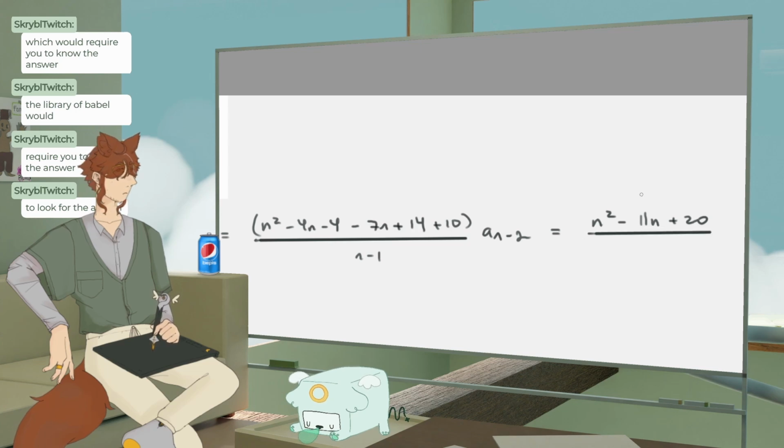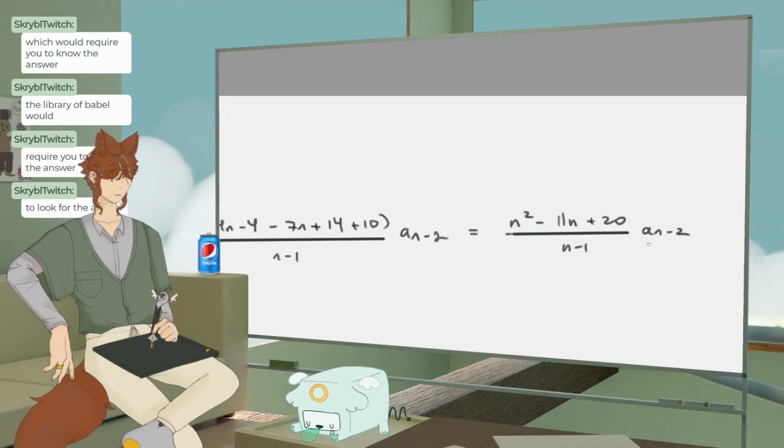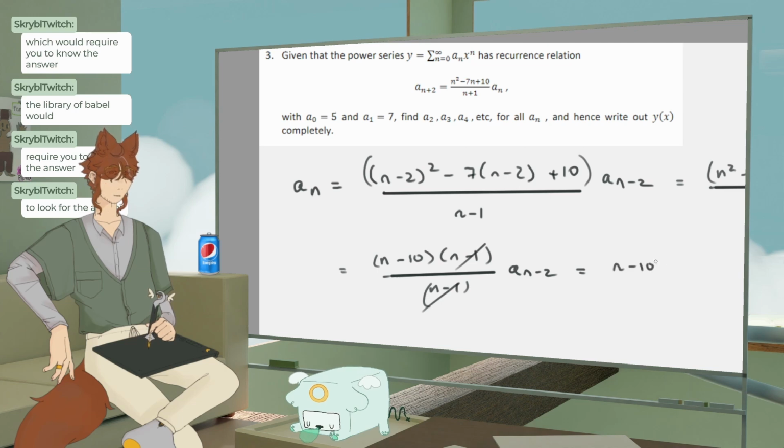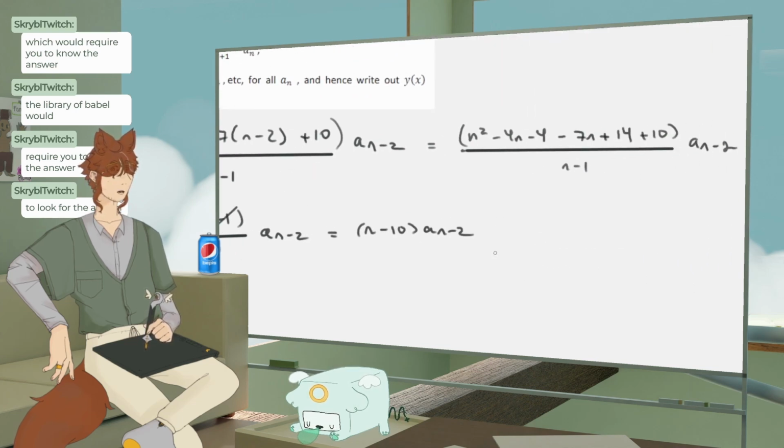We get 20. Oh, we can actually factor that, and that might factor nicely. So 20 is this going to be n minus 10, n minus 1. Oh, and look at that on the bottom. We get n minus 1. Get that out of here. a n minus 2. Look at that.